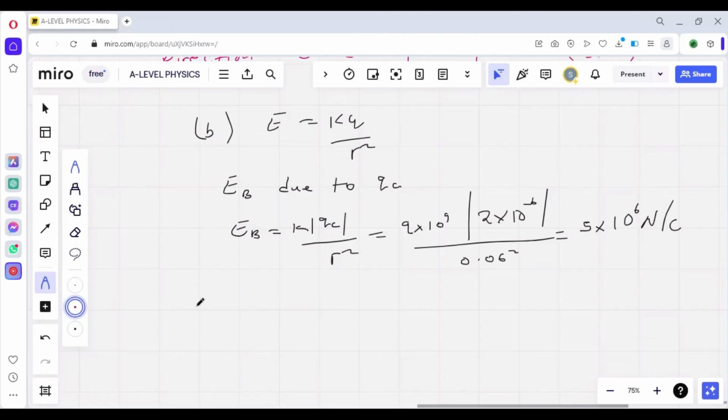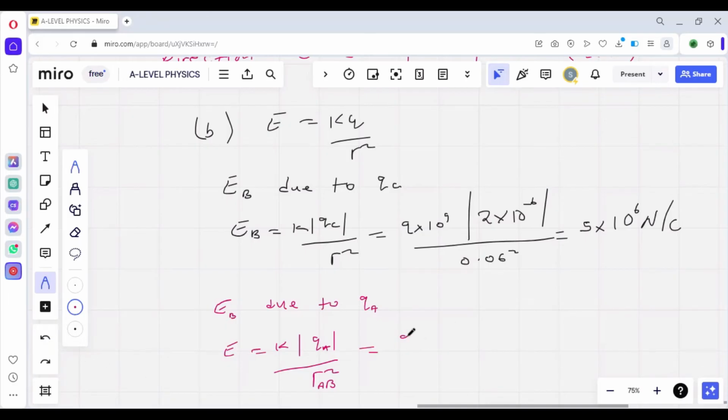Similarly, let us compute the electric field at B due to the charge placed at point A. So this will be E equals K times the magnitude of QA over the distance AB.